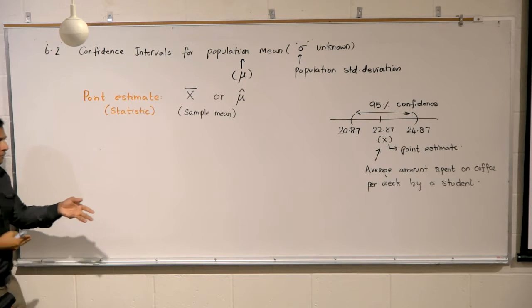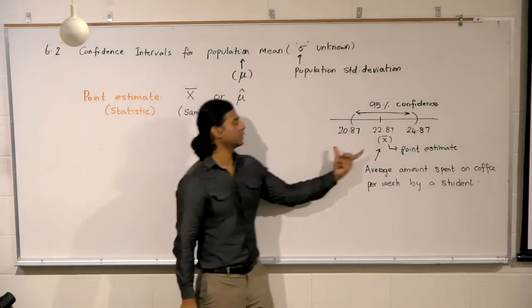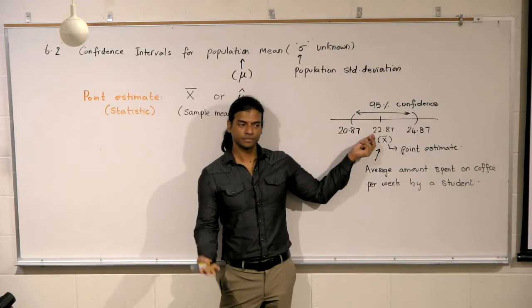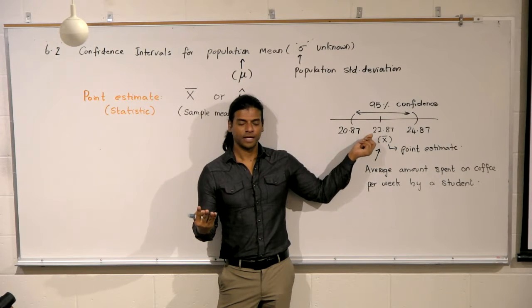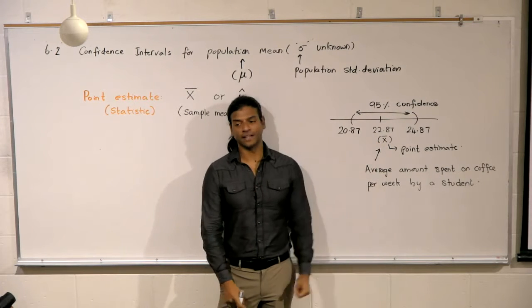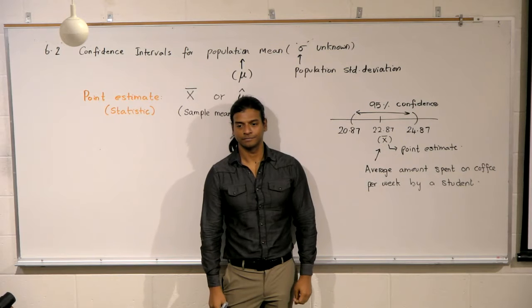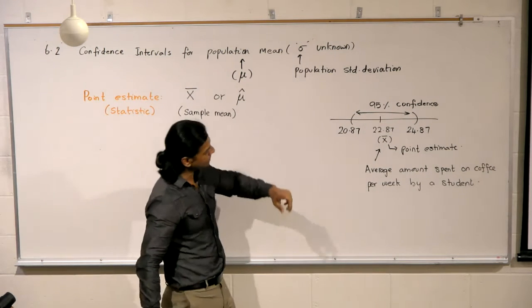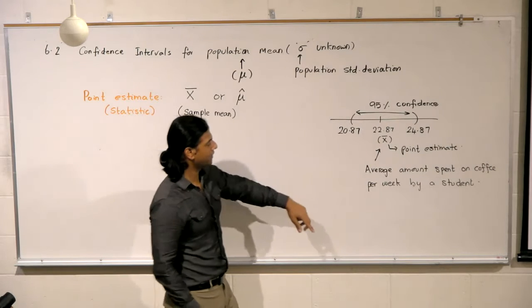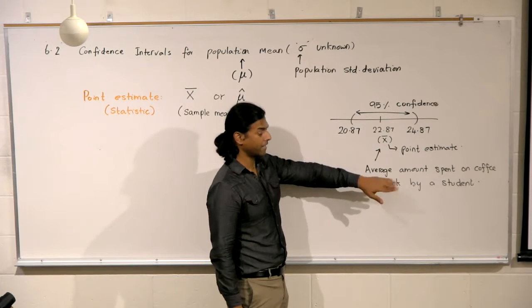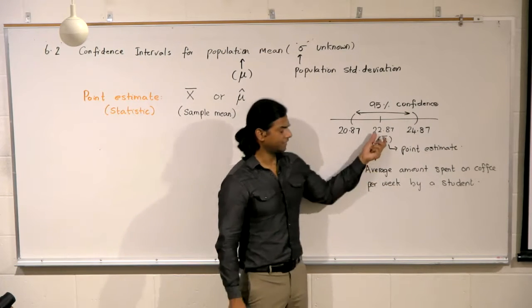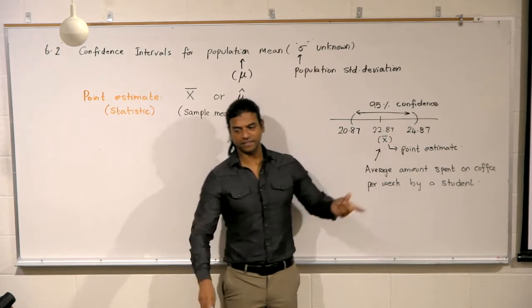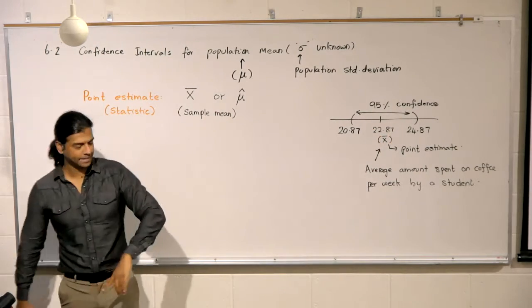I'm being more confident with this interval than a single value. Do you agree? Now, would you bet on that single value? No, right? If someone came up to you and asked, what is the average amount spent on grocery per week by a student? You say it's $22.87 based on a sample that you collected.